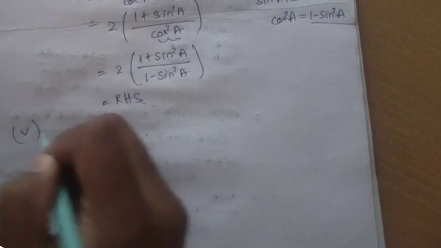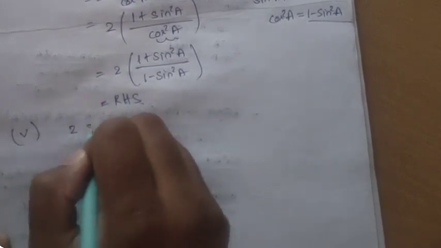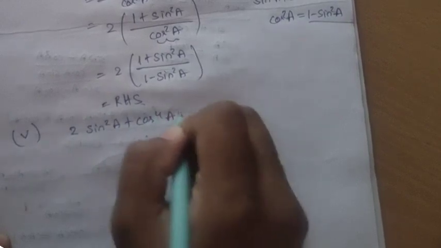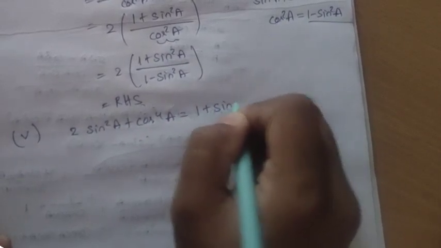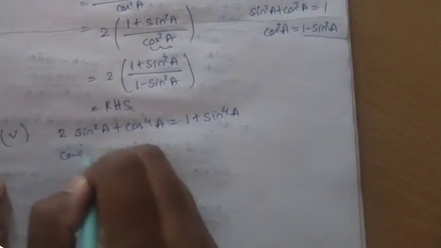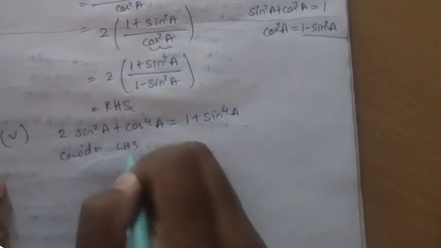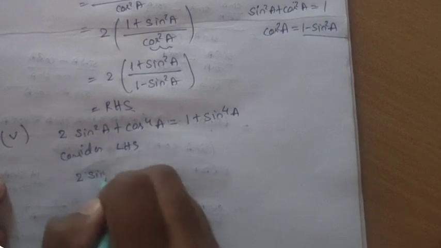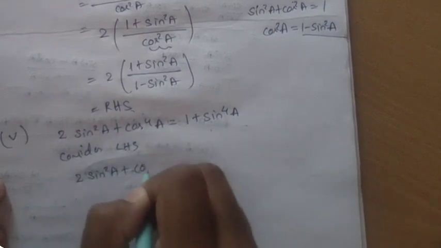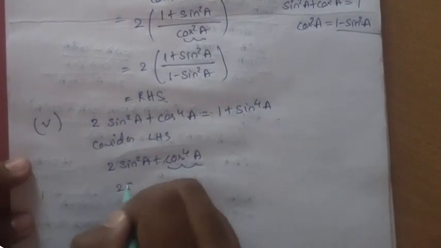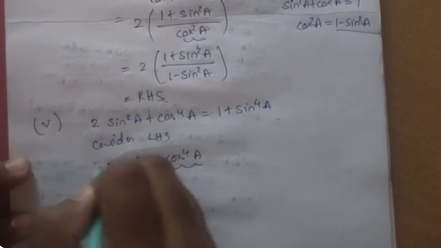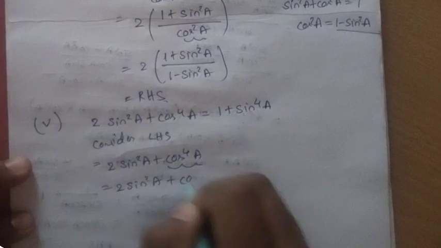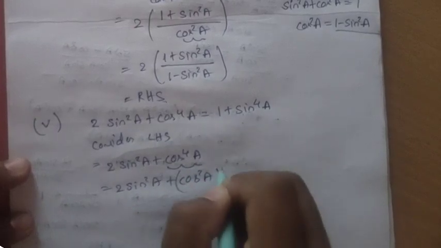So now the fifth one. What we need to show is 2 into (sin square a plus cos power 4 a) is equal to 1 plus sin power 4 a, right? So consider LHS. What is LHS here? 2 into (sin square a plus cos power 4 a). Cos power 4 a can be written as (cos square a) whole square.